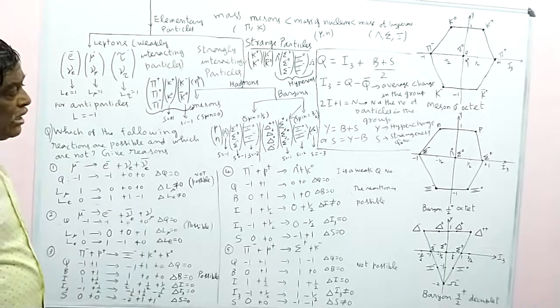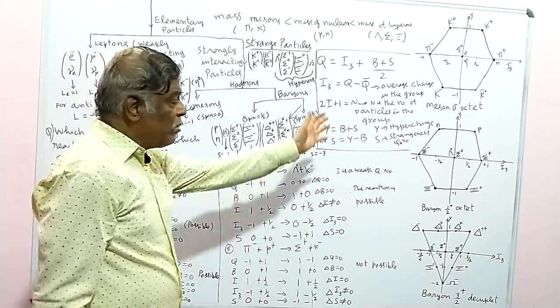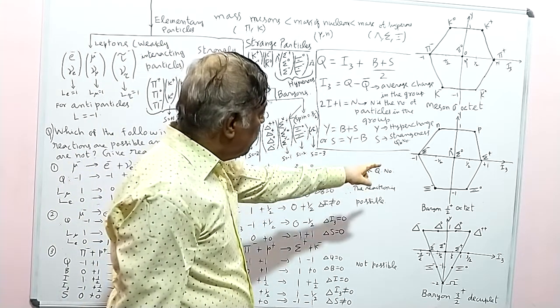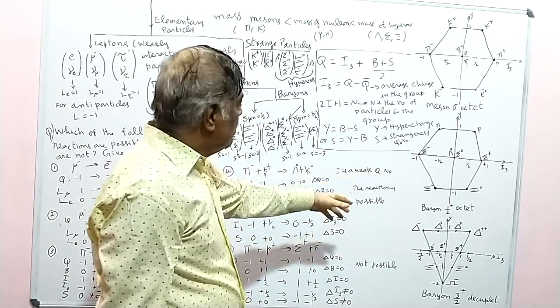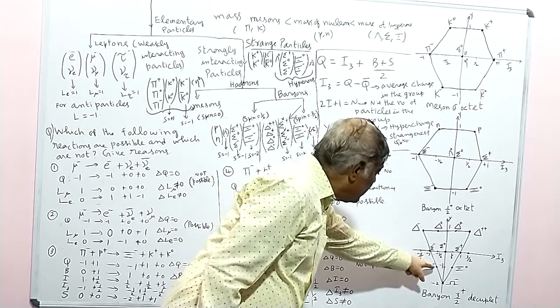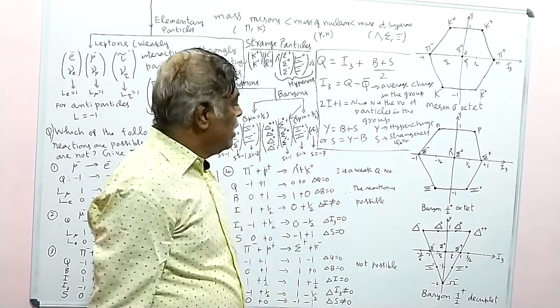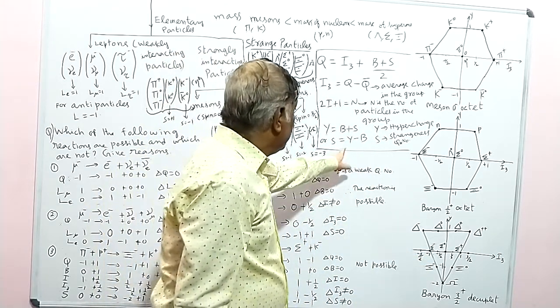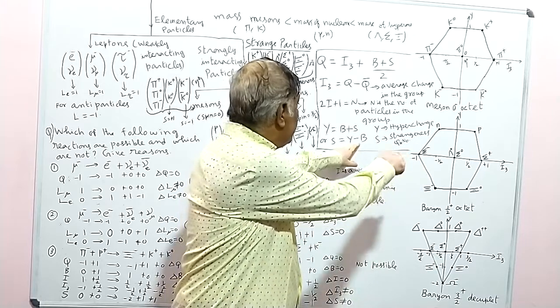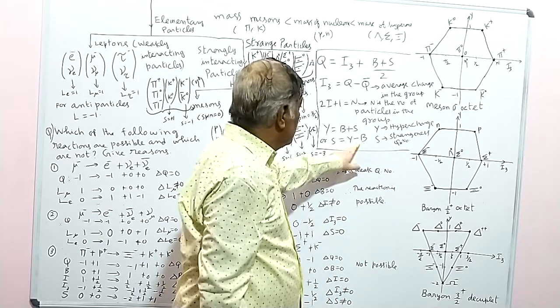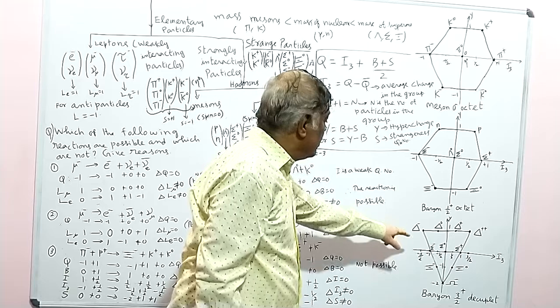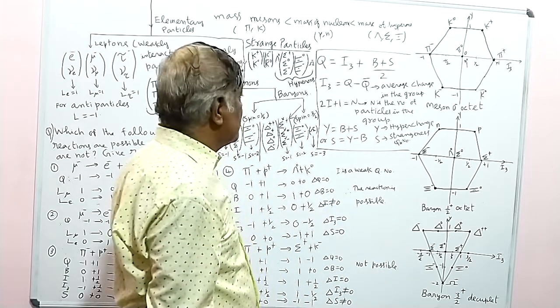So strangeness number can also be calculated from the diagram. From the diagrams you find the y value. You look at this one, the y coordinate is your y value, and they all are baryons. For baryons, the baryon number is 1, so you subtract it and you will get the S value.